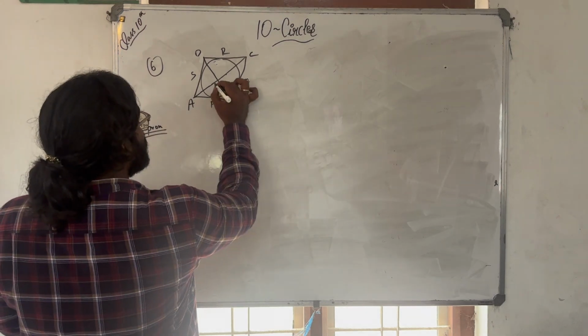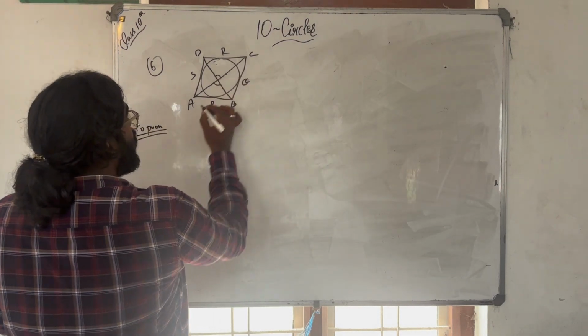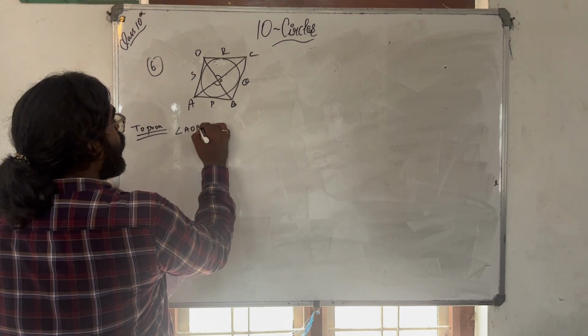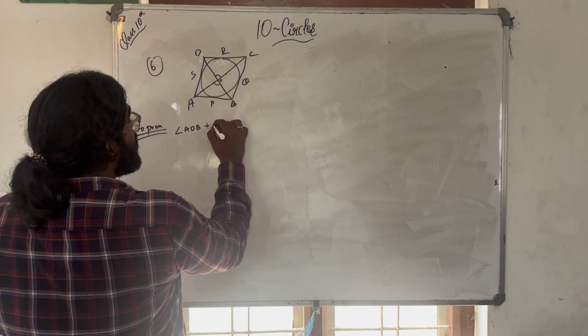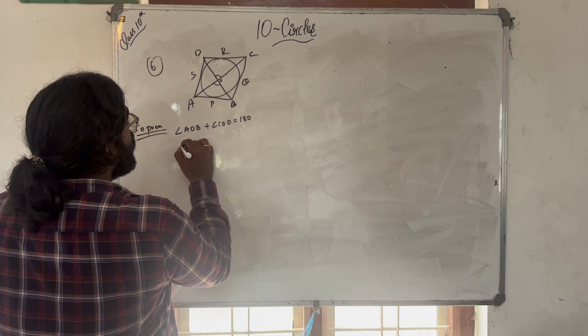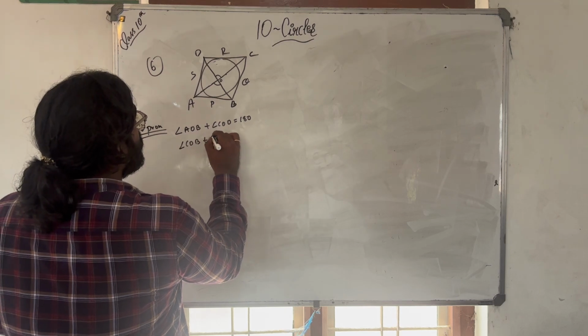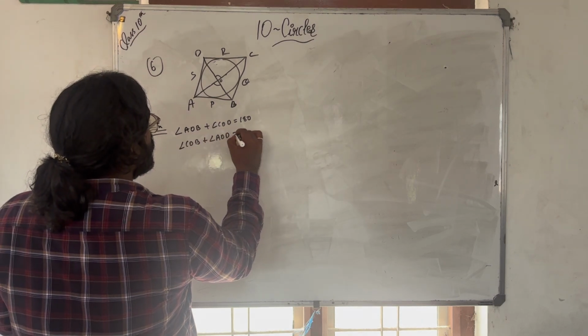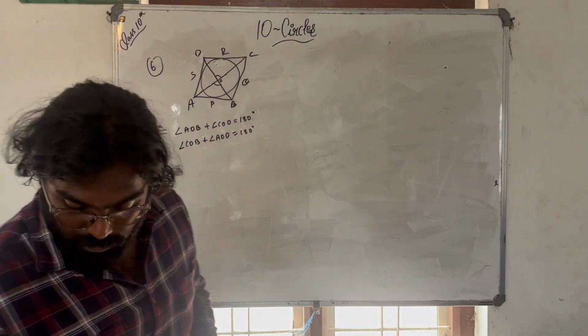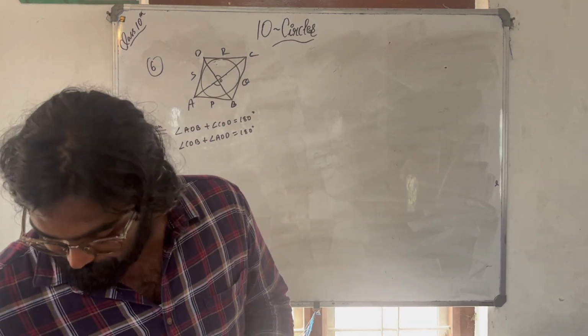So should write A, यहाँ पर O बोलता हूँ मैं, AOB plus COD is equal to 180. फिर COD plus AOD is equal to 180. ये दोनों दिखाना है मुझे, right? This both have to be done.